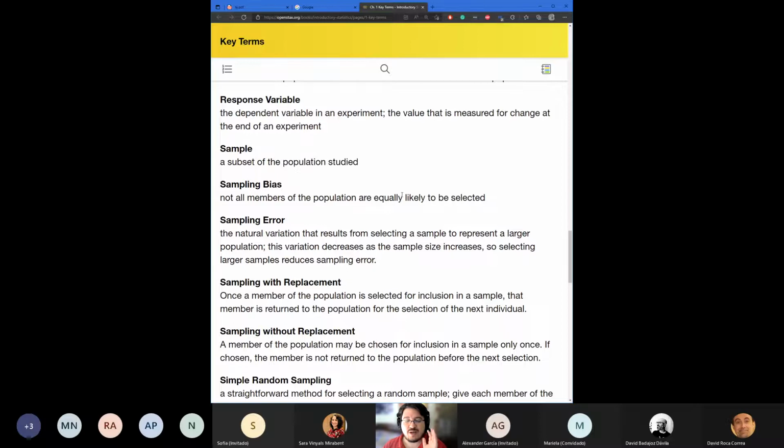So probably we will have a sample that is biased towards people that study more than is representative of the whole population. So when we sample our population, we need to be mindful of being as random as possible, so we don't have sample bias. All right.